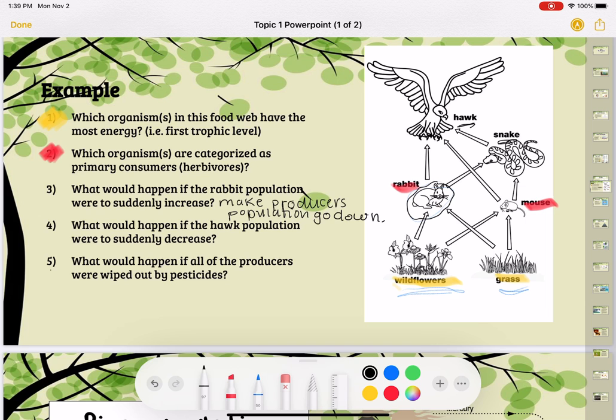Just because they would have more food available. So I'm going to say make hawks and snakes go up. Okay.